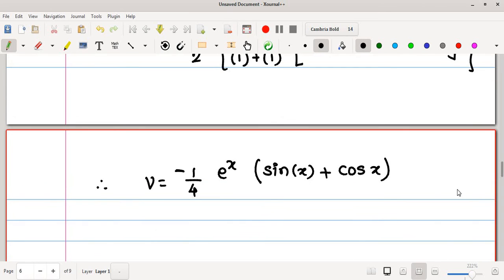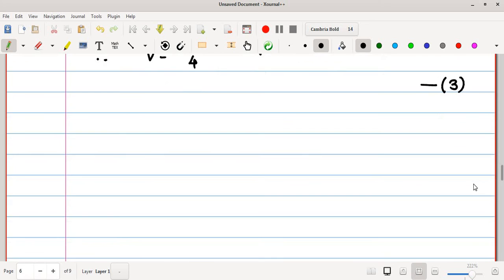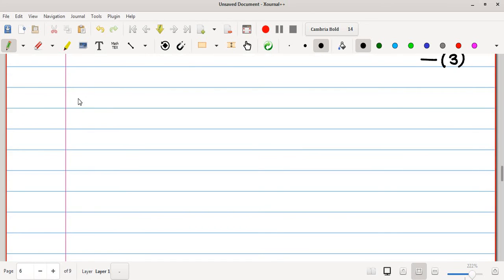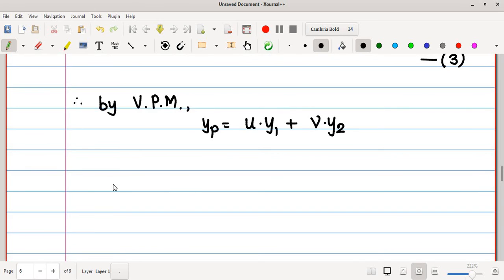Let's call this v as equation number 3. Now u and v are evaluated. Therefore, by using variation of parameters method, required value for a particular integral is u into y1 plus v into y2.